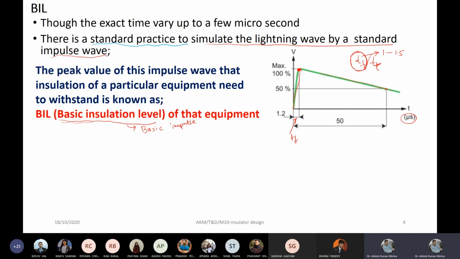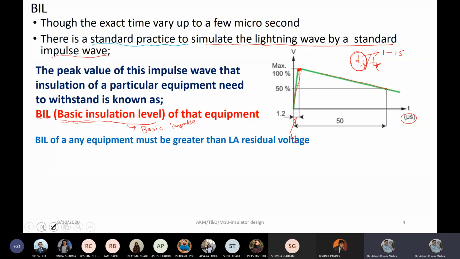So what does it mean? That this basic insulation level, or BIL, of any equipment must be greater than the lightning arrestor residual voltage. So if anybody now wants to set what the BIL should be for a 132 kV system, for example, what are the criteria, or what will they think of?